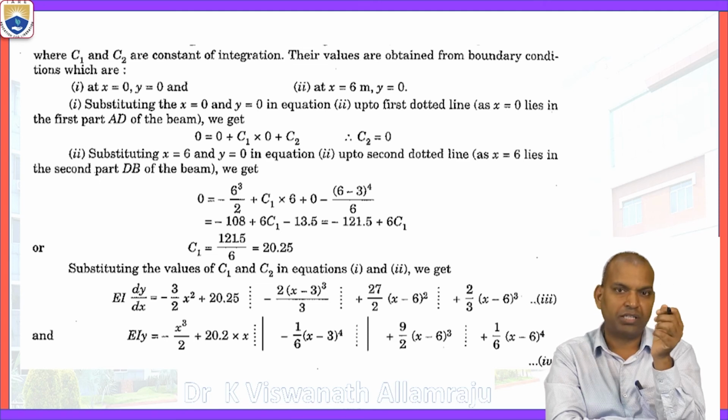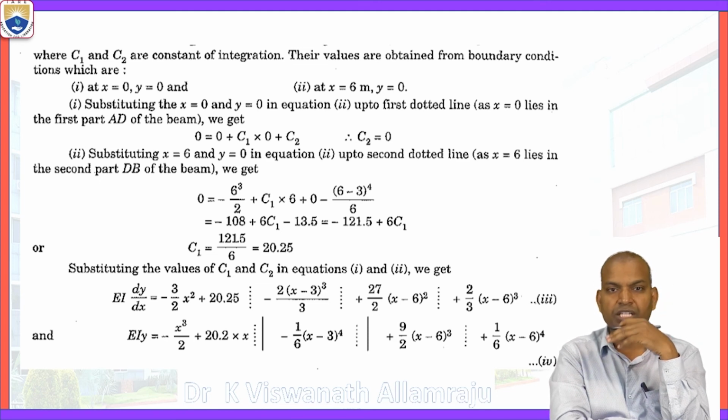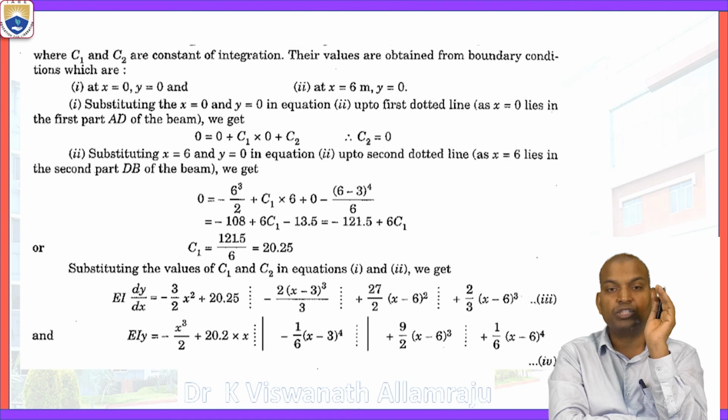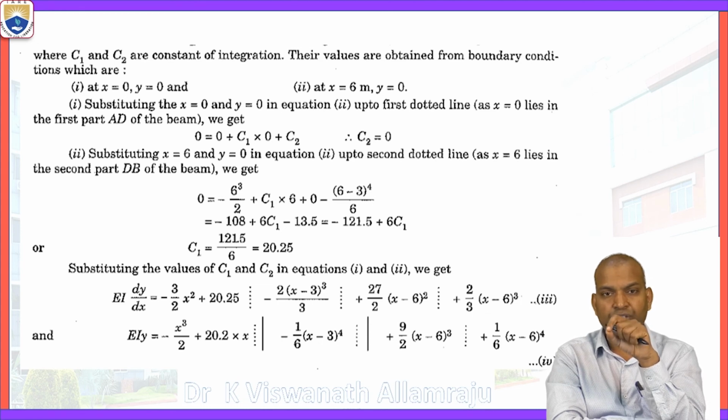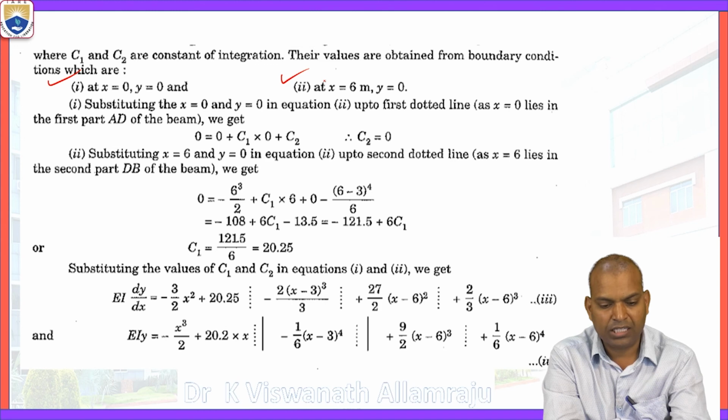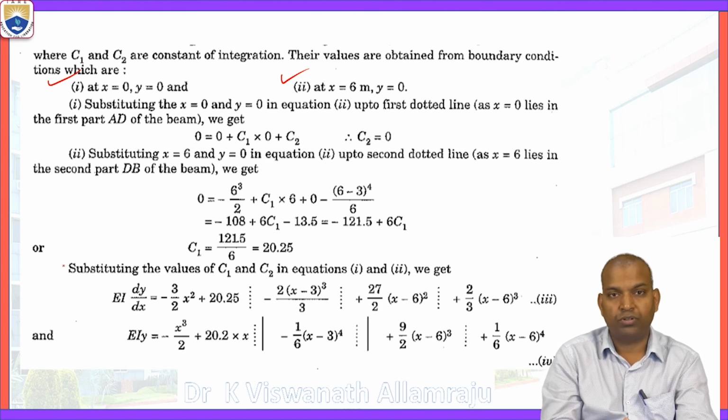There is no deflection. That's why we consider the boundary conditions at the supports. So x equal to 0 meters, that is support A, the deflection is 0. And x equal to 6 meters, again the deflection is 0. That is support B.